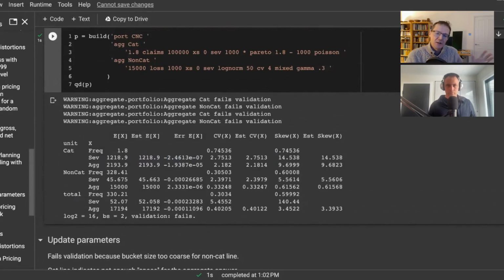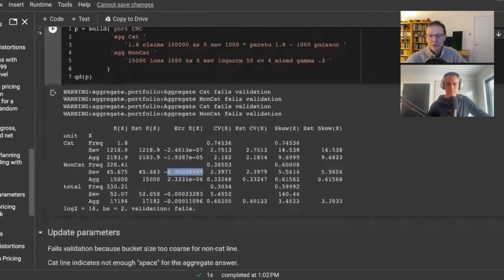That's indicating that there's not quite enough space, because there's no reason why those two errors should be different like that. It's 2 orders of magnitude higher on the aggregate, so we don't like that. And on the non-cat line, those errors are just too big. I'm shooting to have an error of less than 10 to the minus 4, and that's 2 times 10 to the minus 4, so that's no good. So that's why it's failing validation.